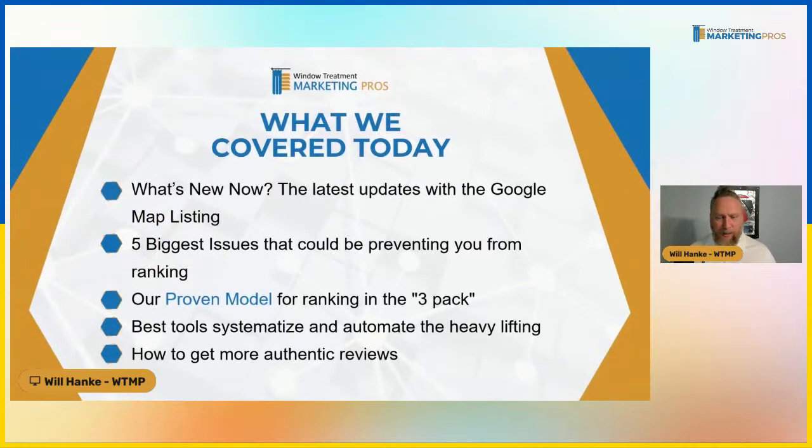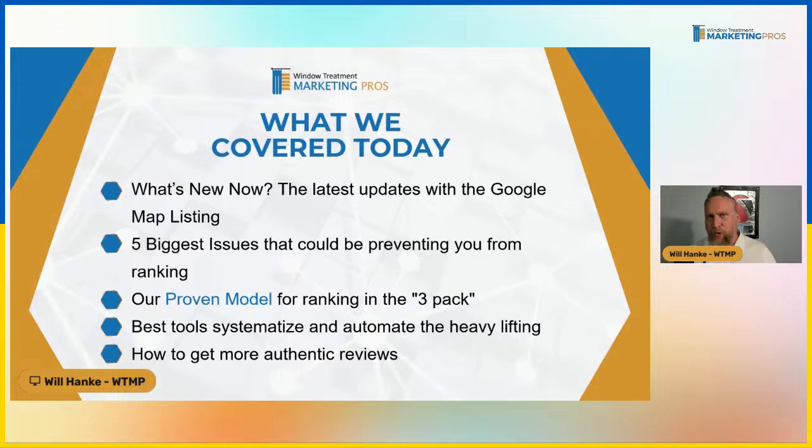All right. If you have questions, get them ready or put them into the chat area there. I want to make sure I get everybody's questions answered. Real quick, we talked over some things that are new in the Google Business Profile world, the 5 biggest issues that can prevent you from ranking well, how to get into that 3-pack, and all the things you need to do to really get that going.